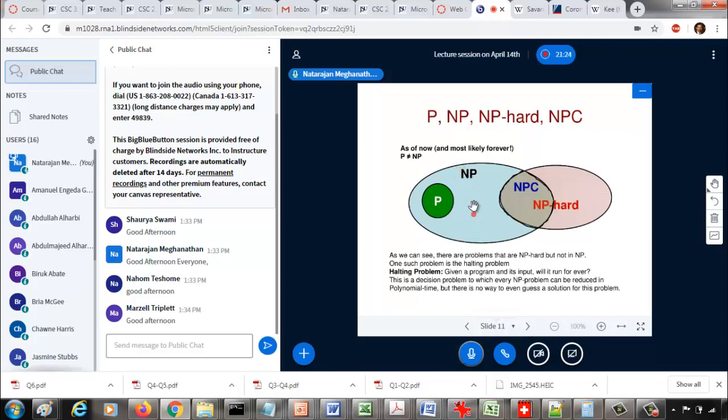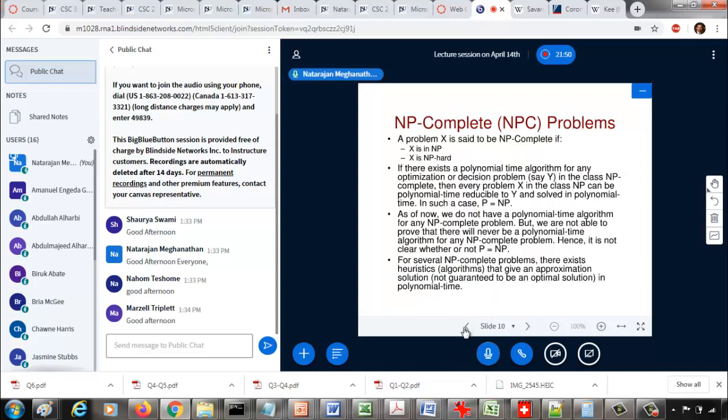So they all fall in the category NP and not in the class P. Of course, P is a subset of class NP. If you have determinism, then that problem is in the class P. If you have a non-deterministic algorithm that can give you an optimum solution or decision solution in polynomial time, that belongs to the class NP. So that's the difference between P and NP.